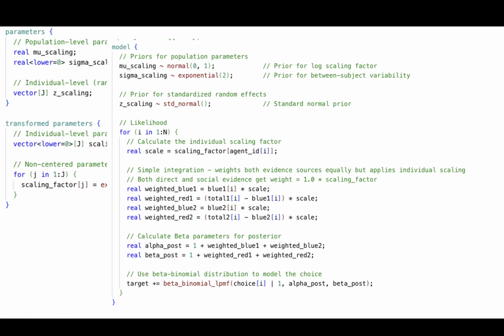But we don't include any asymmetry between the two weights, in that we use exactly the same scaling factor for all the sources of information. We calculate alpha posterior and beta posterior, and then we have the beta binomial, just like before.